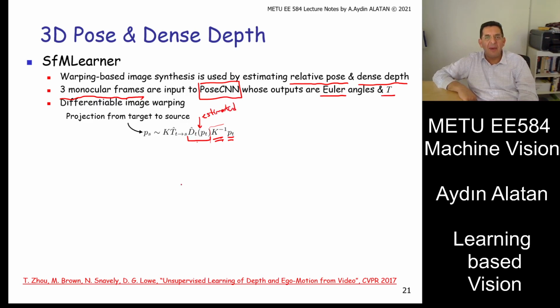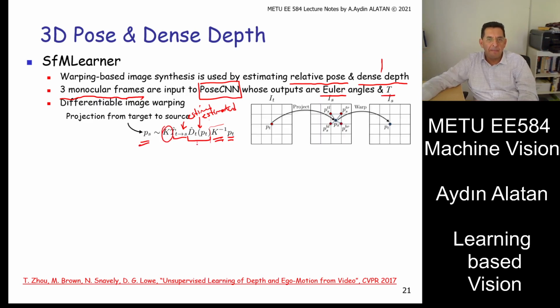And then there is a transformation that is also estimated using pose CNN. This is estimated using dense depth, and then putting in this K, you project to the other one. Therefore, the trick is, if you have a pixel and you would like to generate this target from the source, you make this projection. Then you obtain PS.